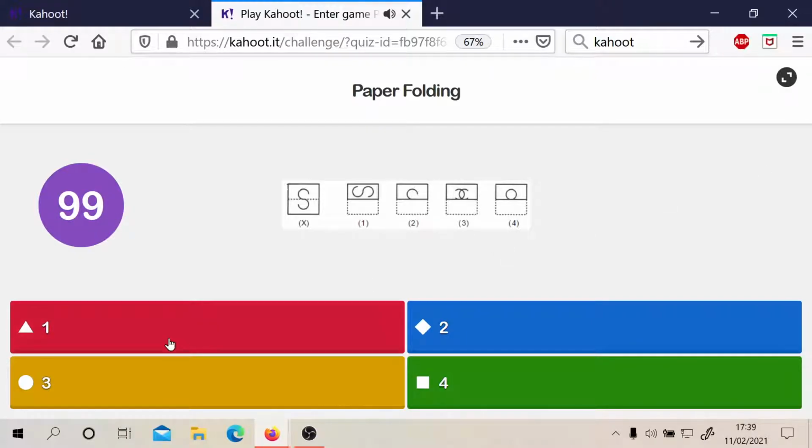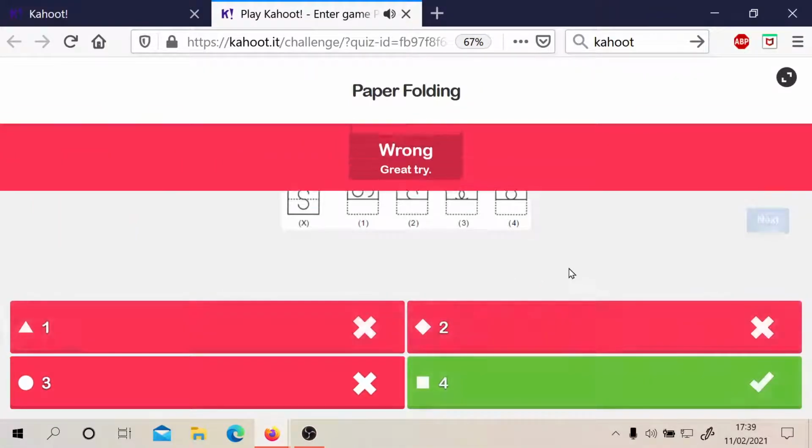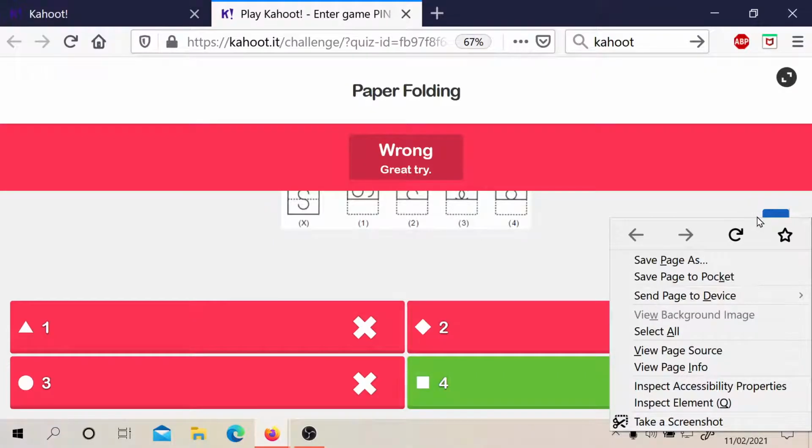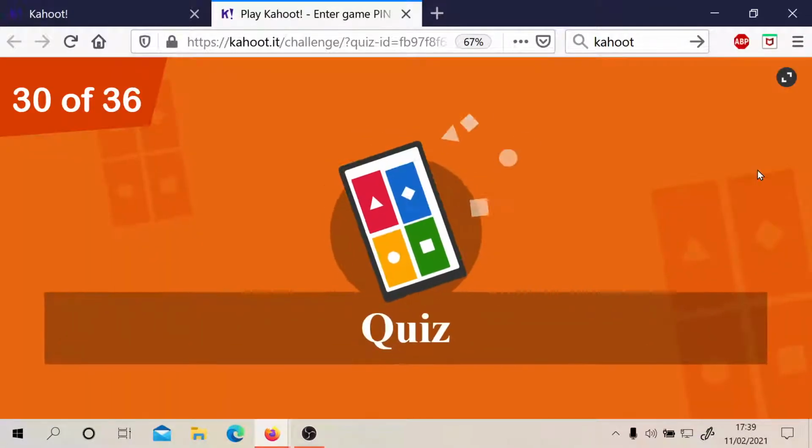Yeah, so it'd be number 3. Oh, I've got it. You fold them into each other, even though you can't see it. You have to imagine what that would look like. Oh man, that is confusing though. I'm not gonna lie.